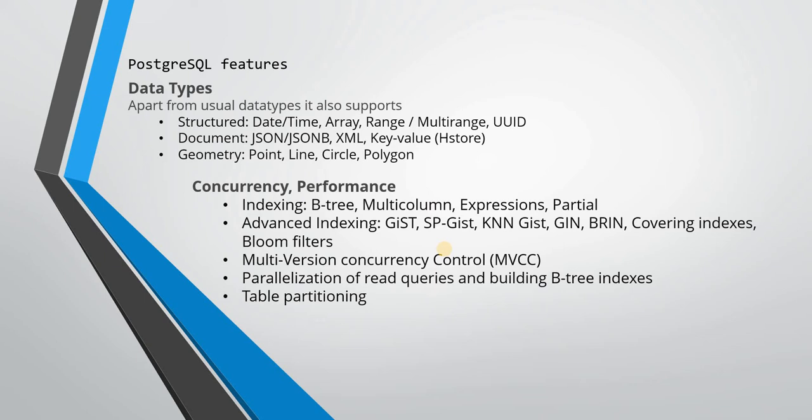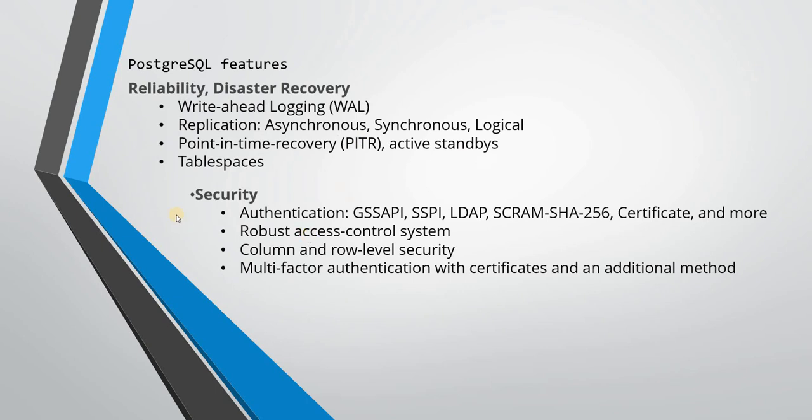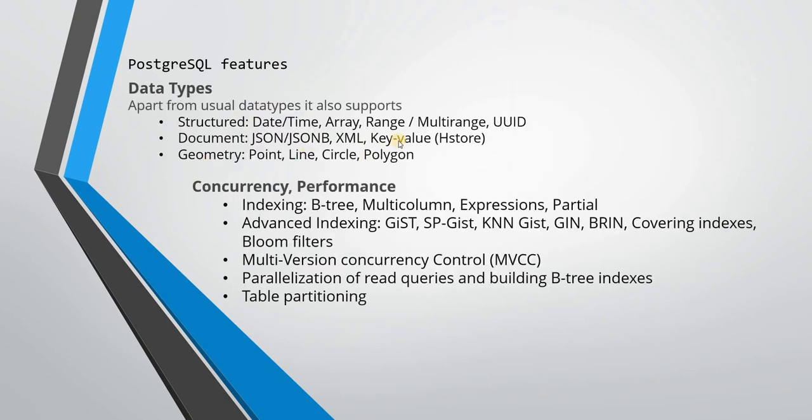Apart from that, when it comes to data types, JSON and JSONB are included as data types, right? And in geometry you have point, line, circle, and polygon data types. When it comes to indexing, you have B-tree, multi-column, expression, partial, and so on.